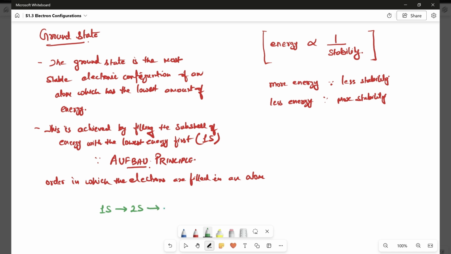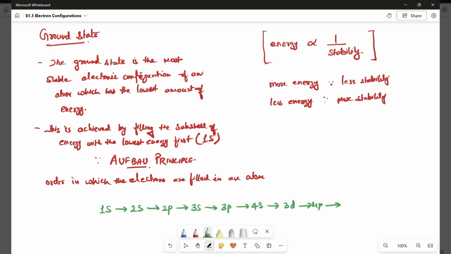After that, the electrons, if you have left, it will go to 2p, then it will go to 3s, then it goes to 3p. From 3p, it goes to 4s, and then from 4s, it goes to 3d, right? Then from 3d, it goes to 4p, and then like this, it will keep on going.